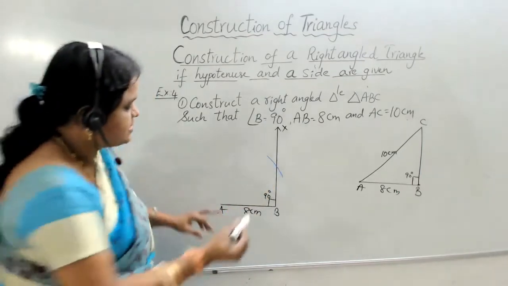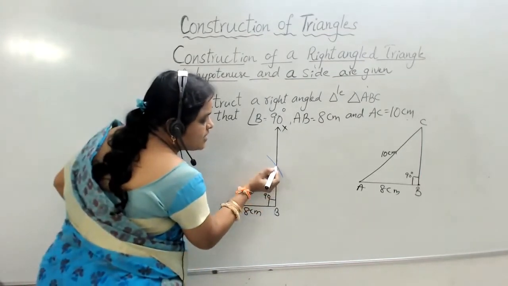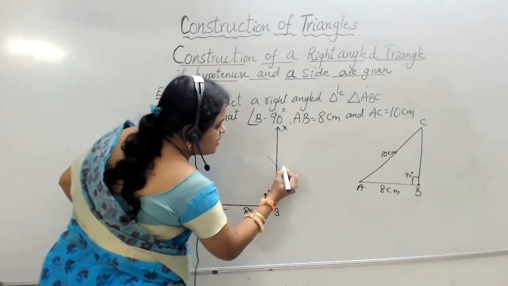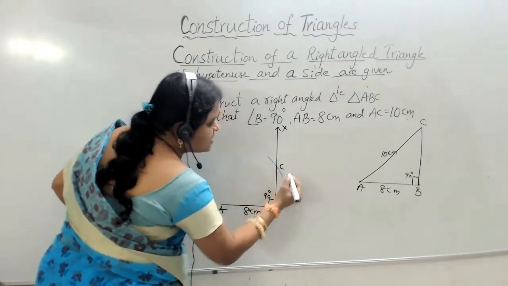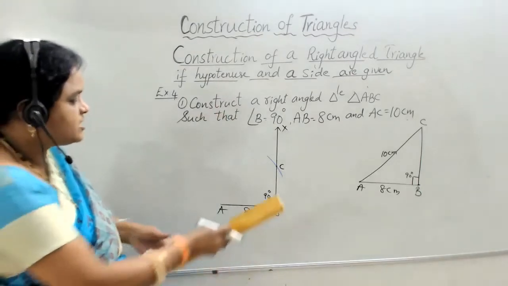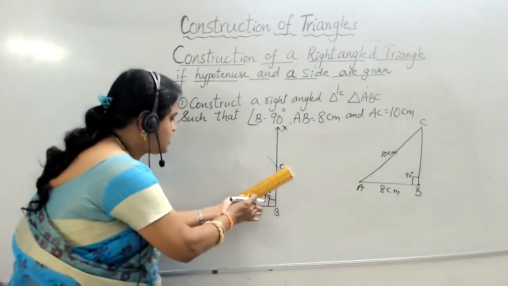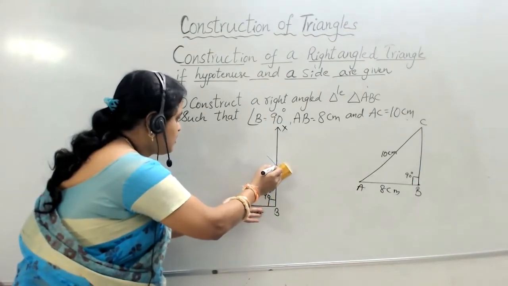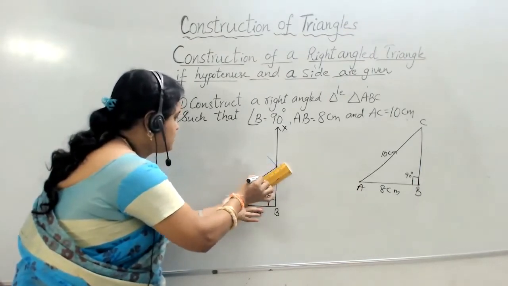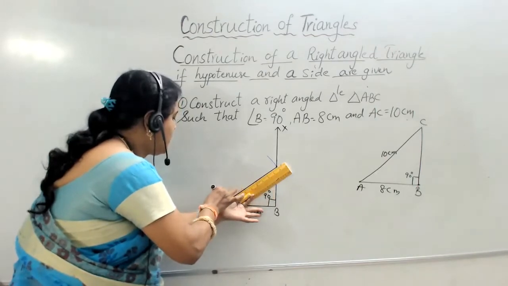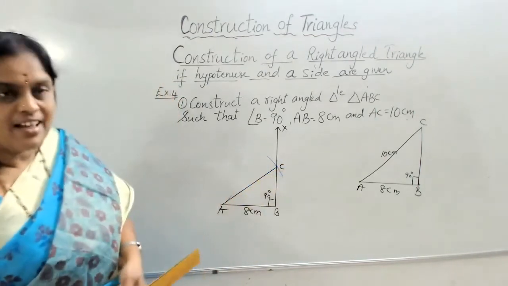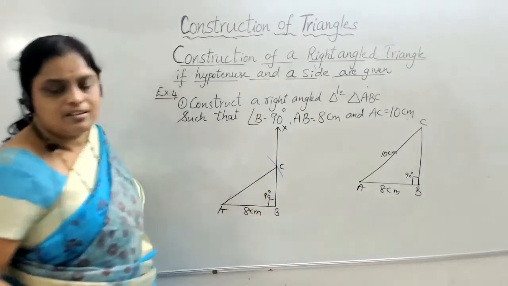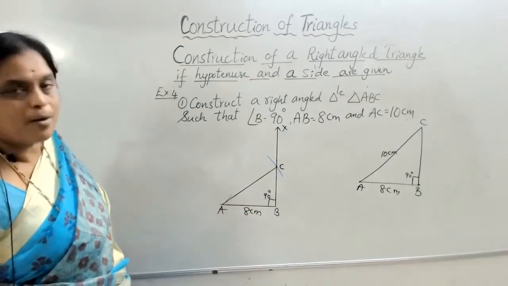The arc cuts the ray at a point of intersection; name it C. Now join AC. You will get a right angle triangle, right angled at B.